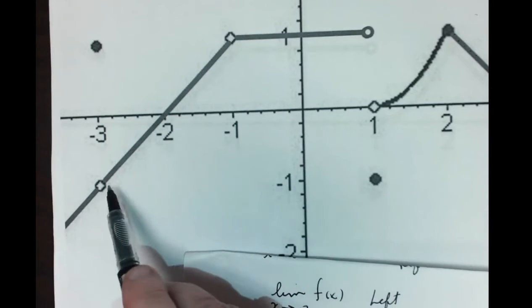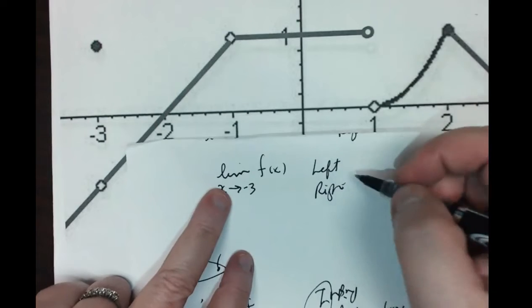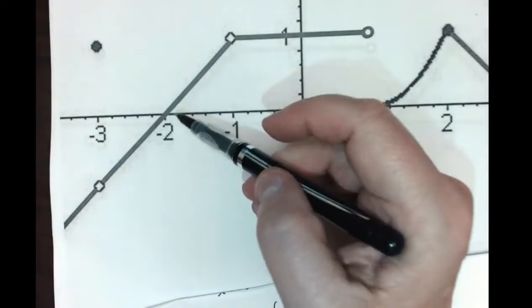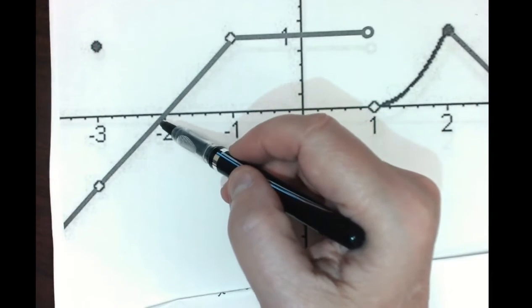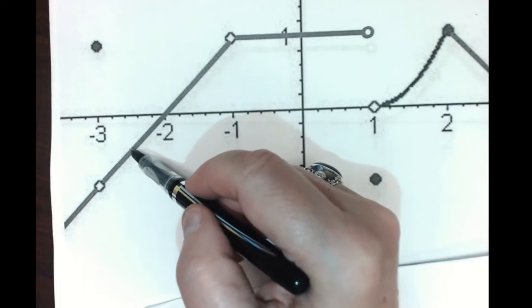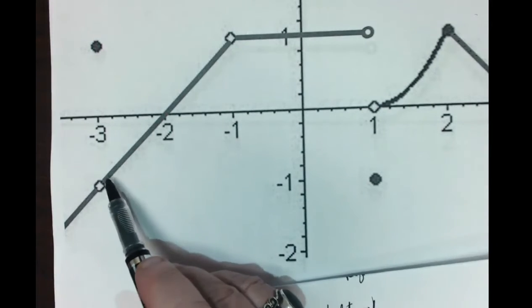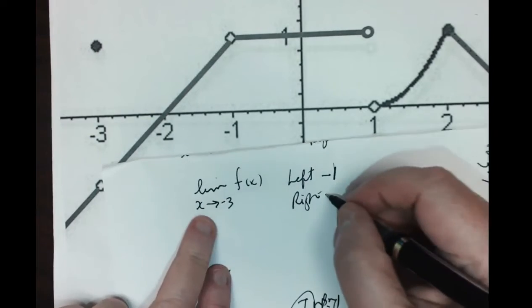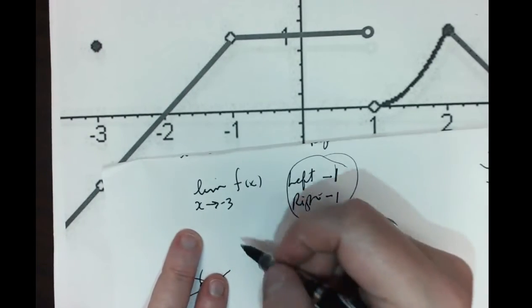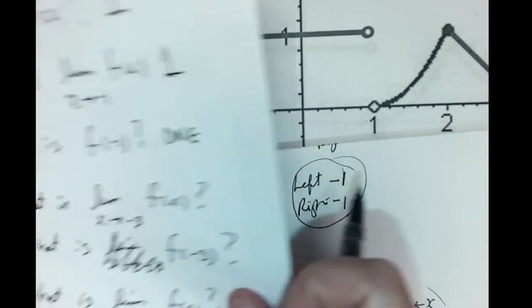The y coordinates are approaching -1. And as my x coordinates get closer and closer to -3, when I'm approaching from the right, what are the y coordinates getting closer to? The y coordinates are getting closer to -1. These two are the same, and so the answer to this is -1.